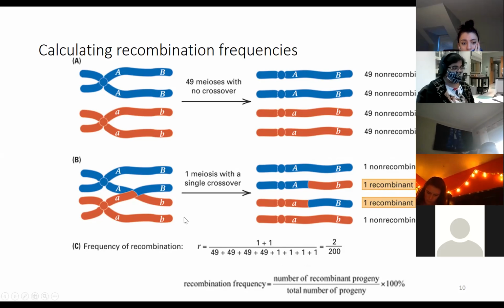So, as I said, number of recombinant progeny, 1 plus 1, over the total number of progeny, all of this added up, times 100, gives you 1% in this case. Does that make sense? Okay.